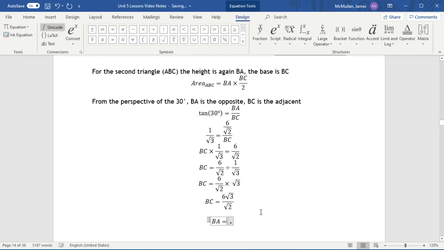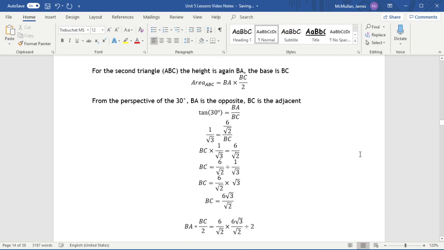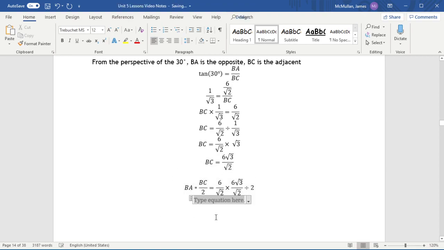BA, we said, is 6 over square root 2. So we're doing BA times BC over 2. Okay, so we do that. Multiply by this one, so 6 square root 3 over square root 2. And then the whole thing has to be divided by 2. So let's see what happens when you work this part out, right?